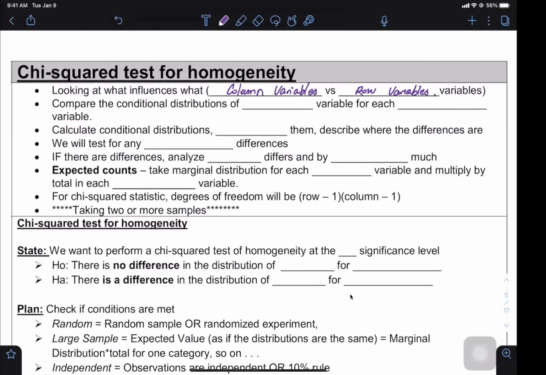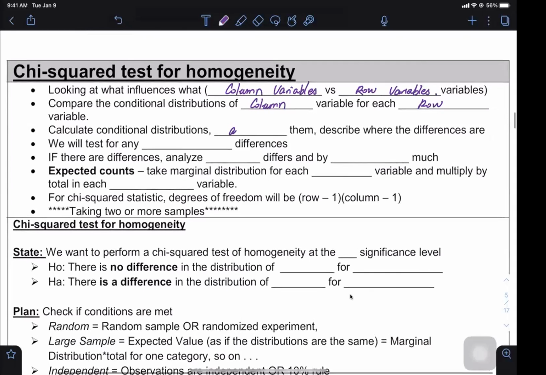And then compare the conditional distributions of the column variables for each row variable, and calculate the conditional distributions among them. And then we will test for any distribution differences.